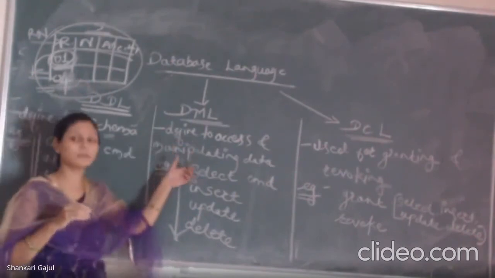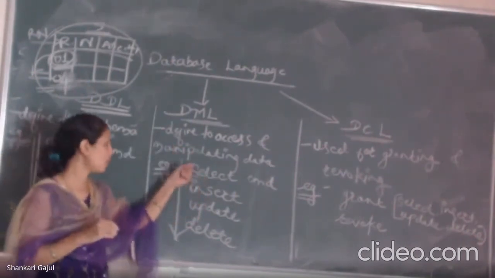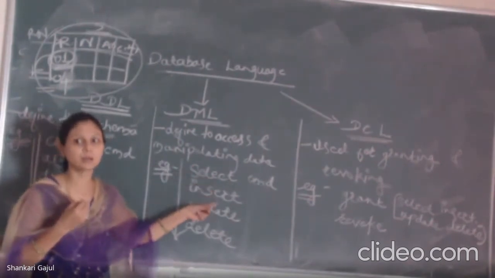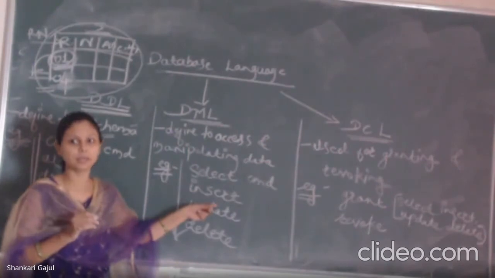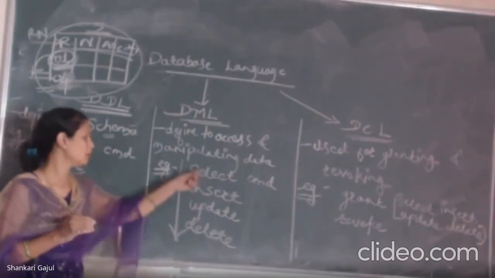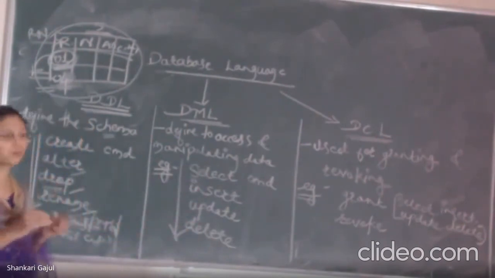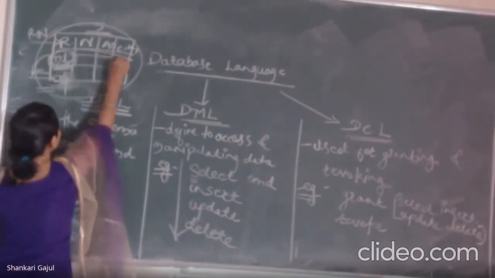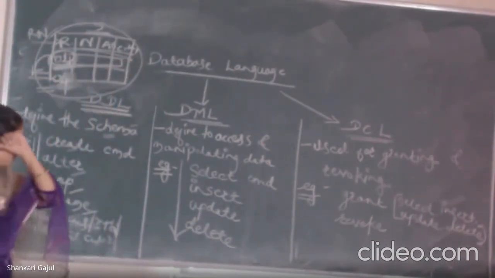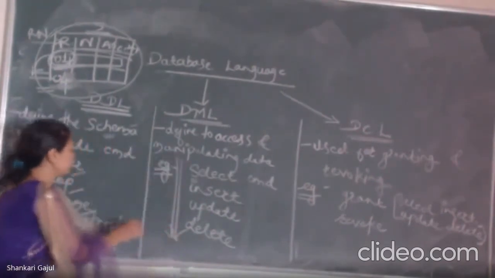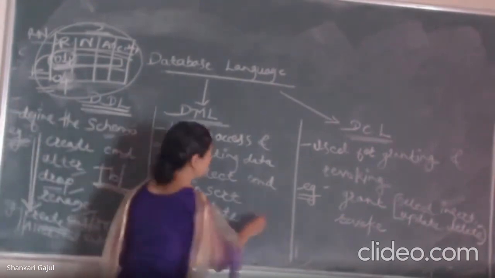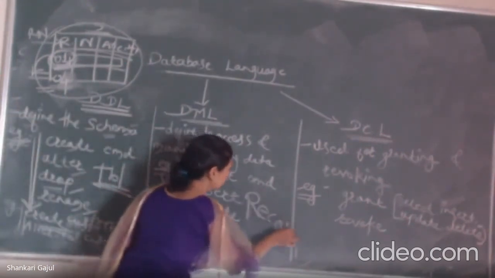So in case of data manipulation language, all these operations select, read the data from the database, okay, insert the data into the database, update the particular value and delete the record. Okay. So all these commands are used on a particular record. So this is used for the table, okay, and this is used for the particular record.